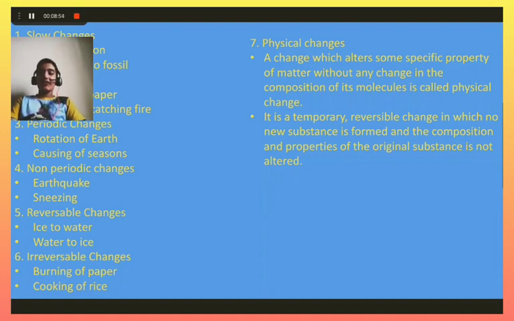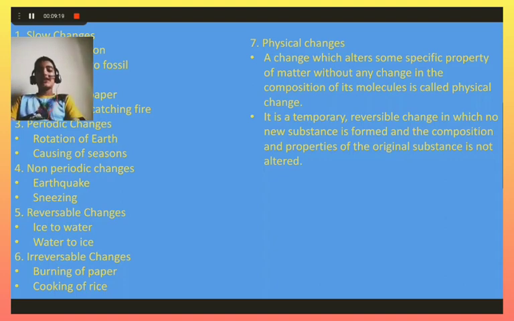Ice to water, I have just converted it to water. But it is the same ice that I have converted to water. No new substance is formed, the composition is the same, and the properties of the original substance are also not changed. If I change the ice to water, the properties of ice will be the same. It will not change at all.